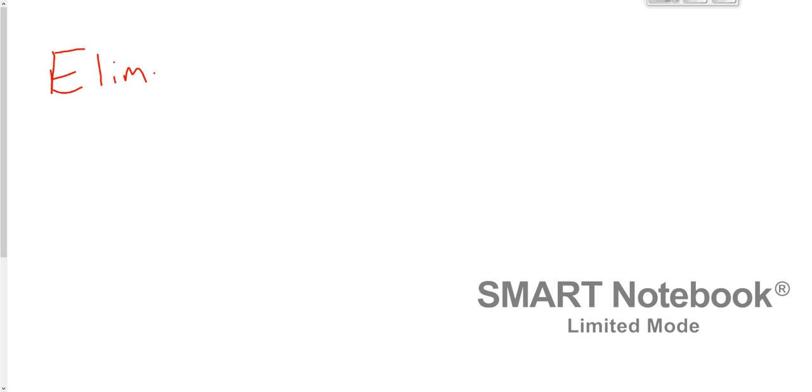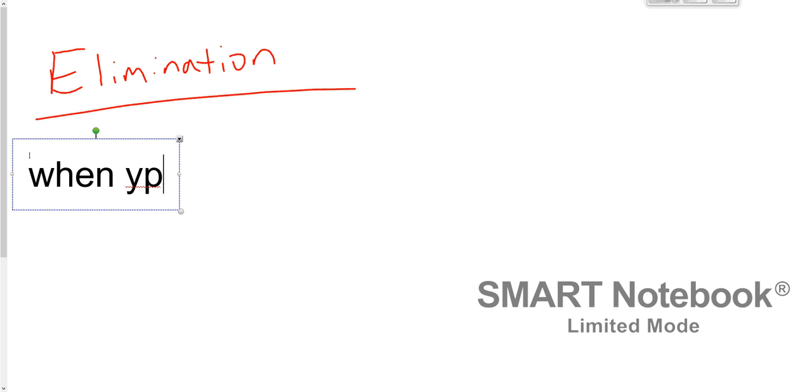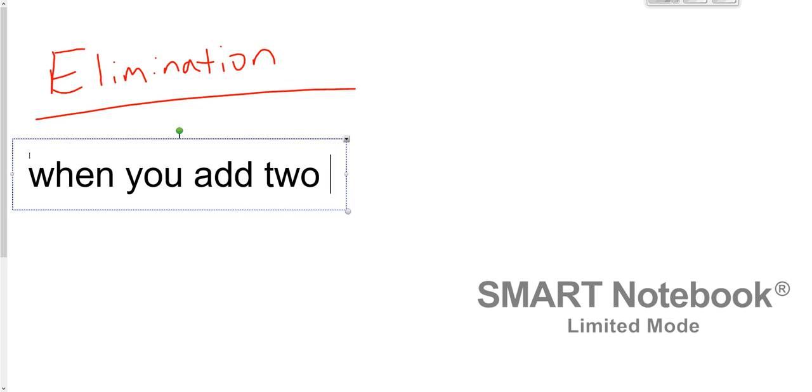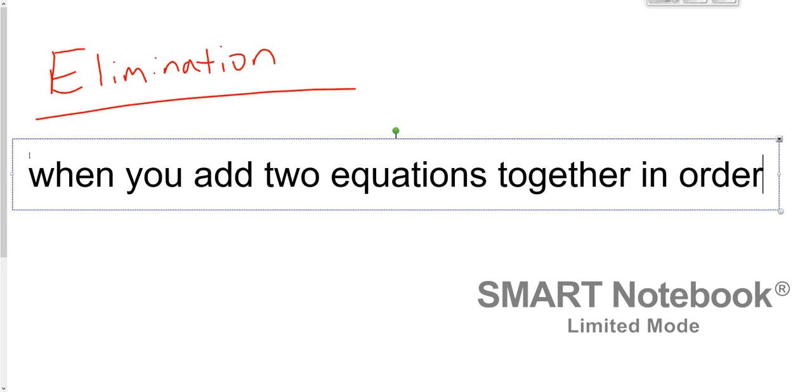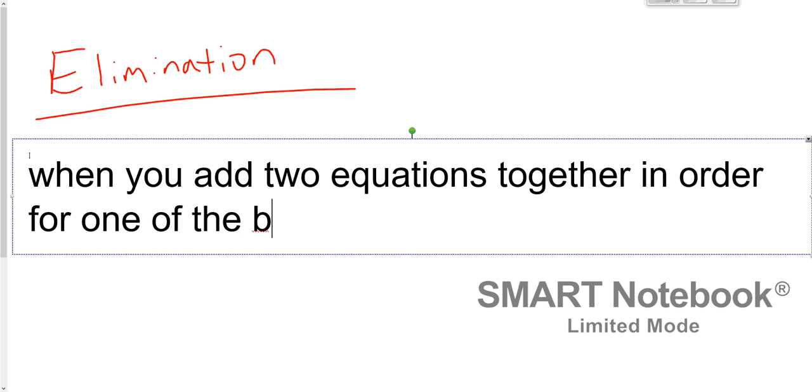So this is the third method that we learned this year for solving a system of equations. It's called elimination. Now, elimination is when you add 2 equations together in order for one of the variables to cancel out.